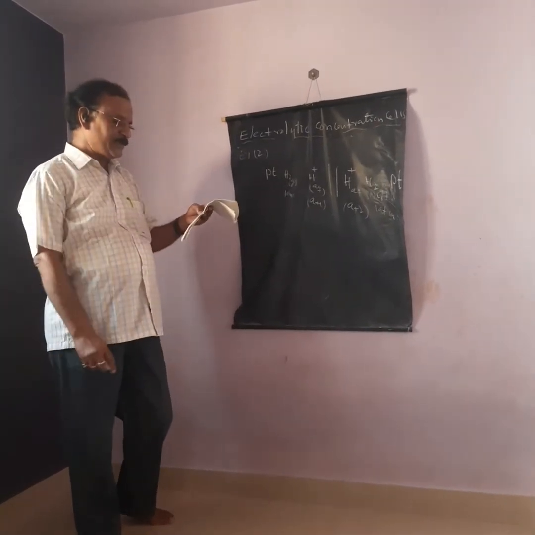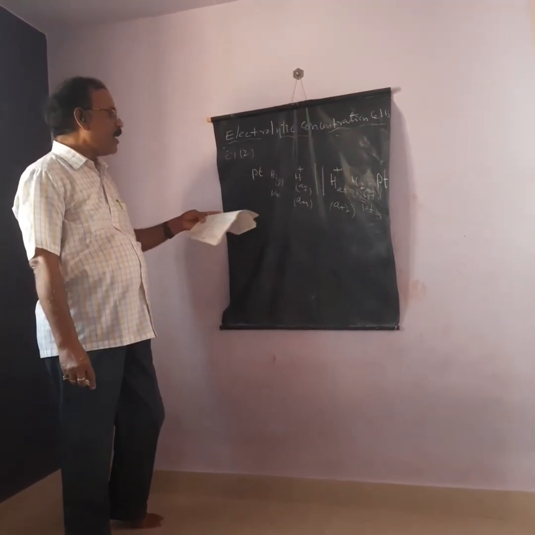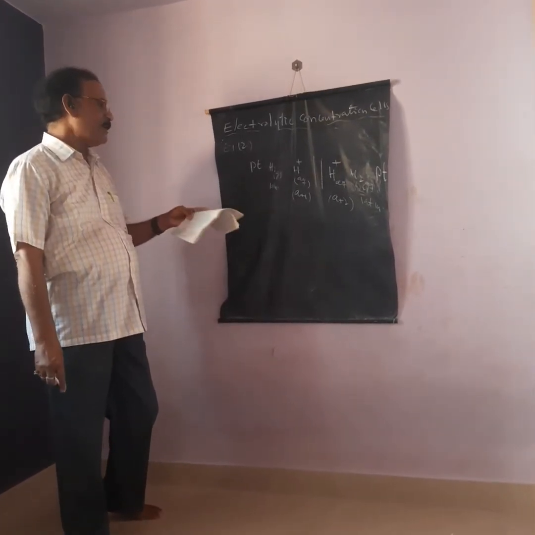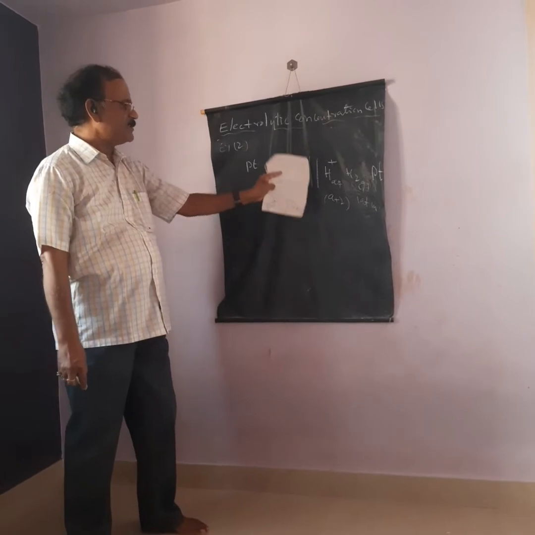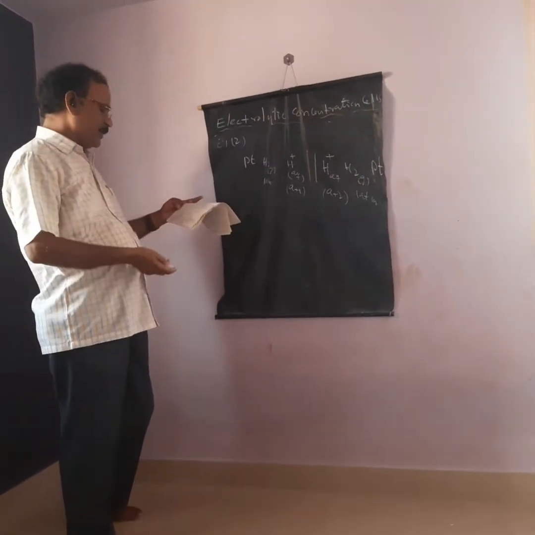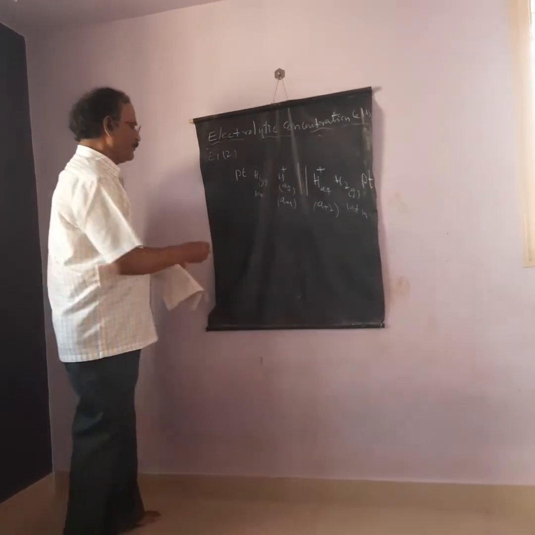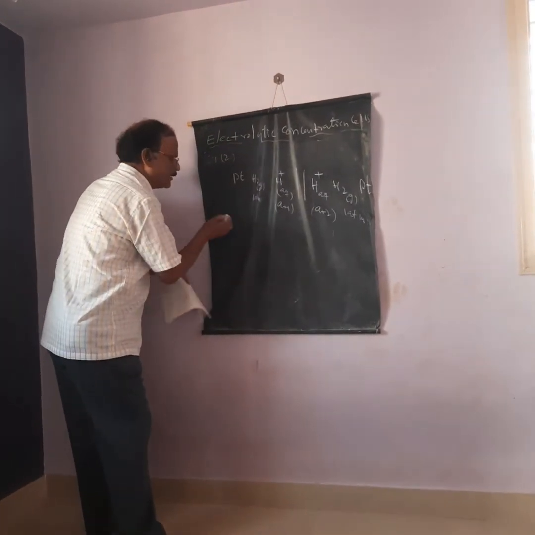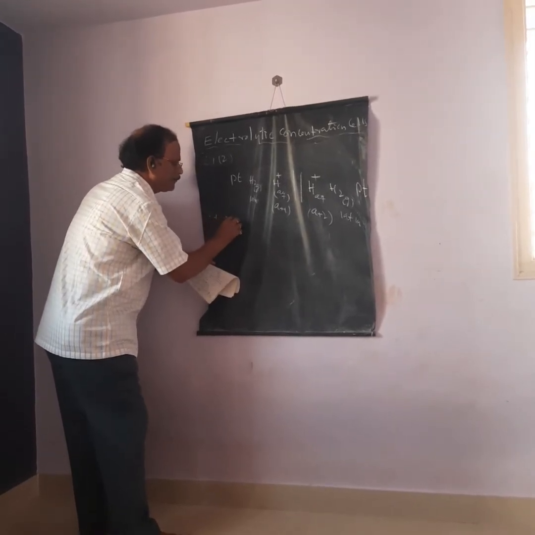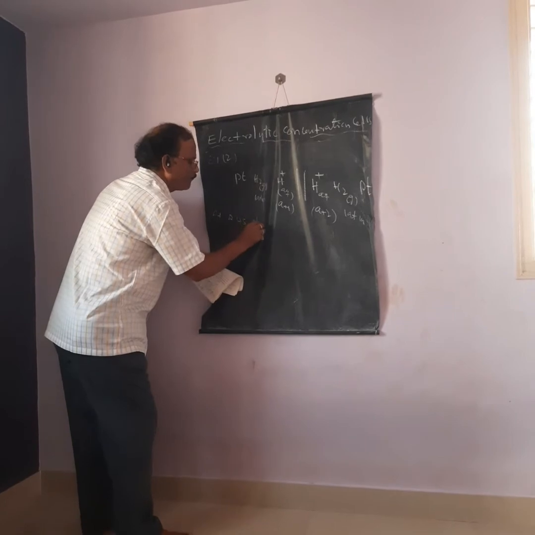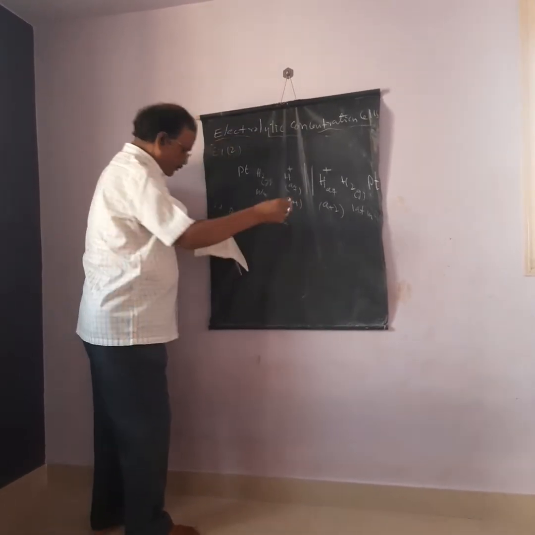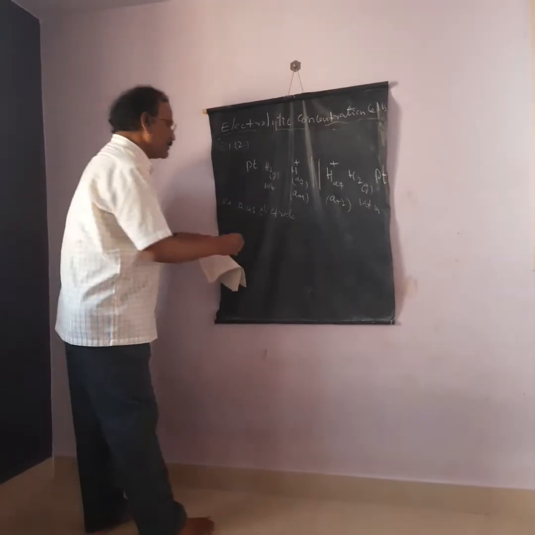Those two solutions, which are generally solutions of hydrochloric acid or any acid, are separated by a salt bridge. Here it is a double line, that is a salt bridge. Next, the reaction at the RHS electrode. So, electrode reaction at RHS electrode. At the RHS electrode, it is a reduction.